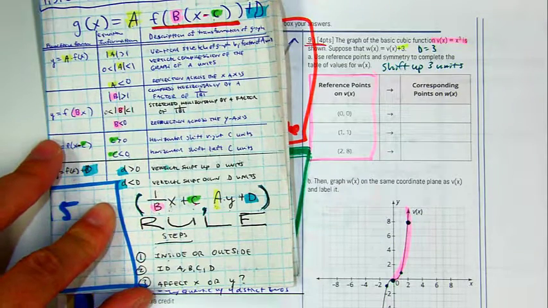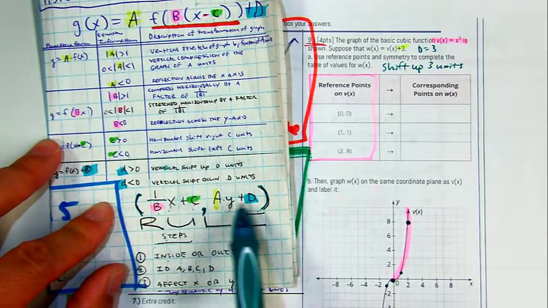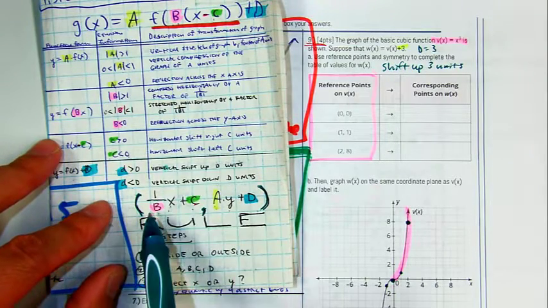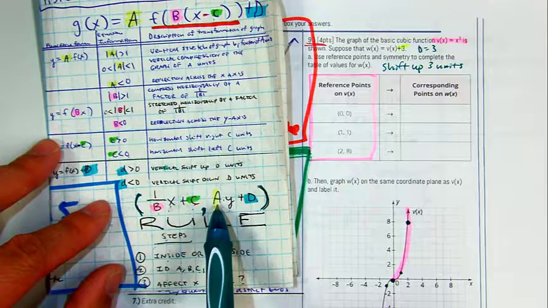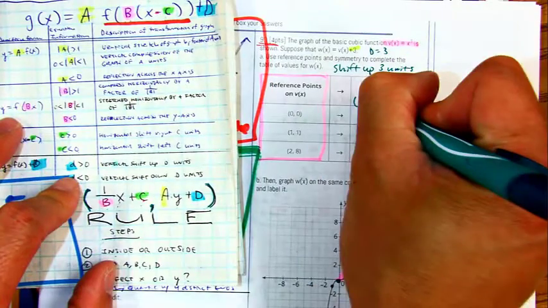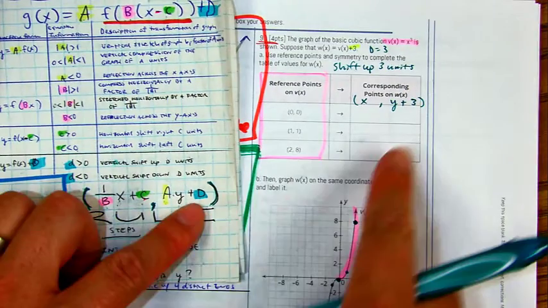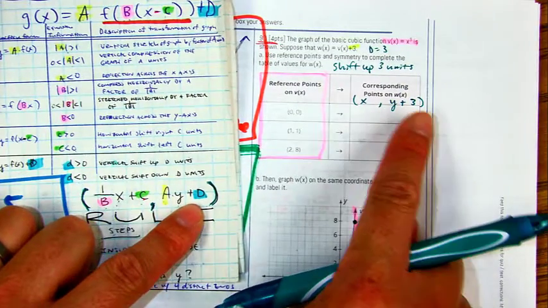Now, if you take this formula here, it tells you what it does. We have no B, we have no C, we have no A, so the D value affects the y coordinates. Let me write that formula: x, comma, y plus 3. The reason why I put a plus 3 here is because we know that this is your D value.